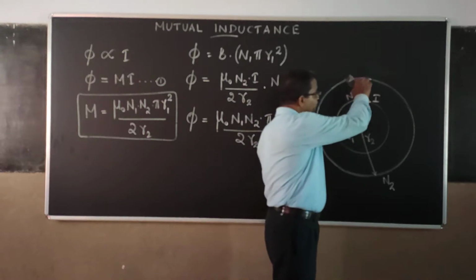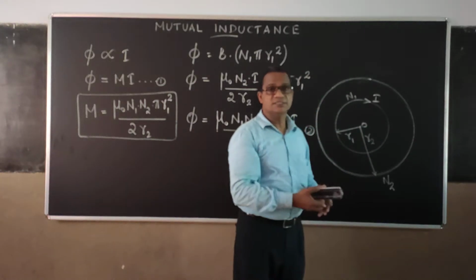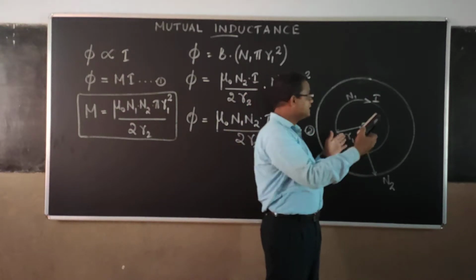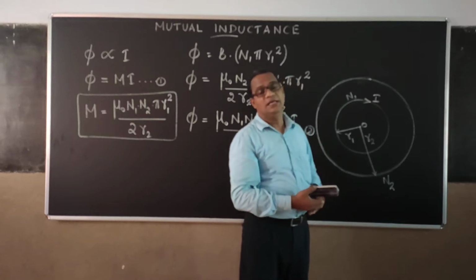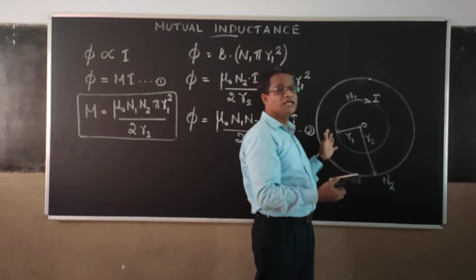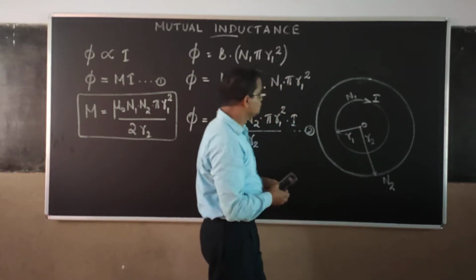So, a part of the area of the outer coil is now mingling with the magnetic field produced by the inner coil. Therefore, there is a flux linkage with the outer coil.